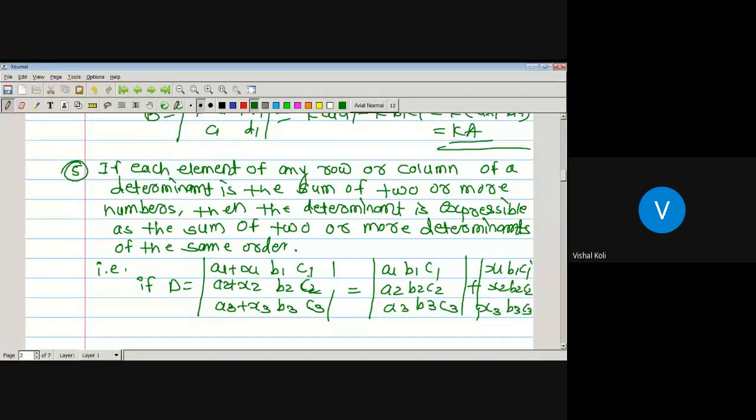Either we can find the determinant value of the first, or find the values of these two determinants and sum them. Both have the same determinant value. This will be our fifth property.